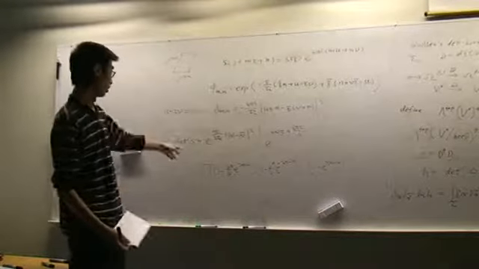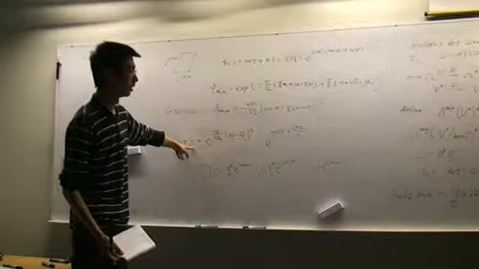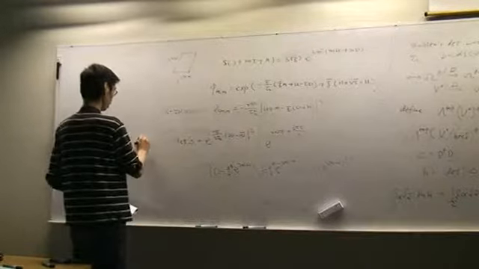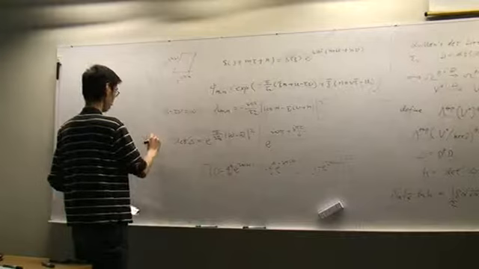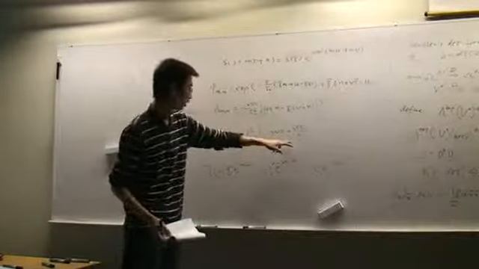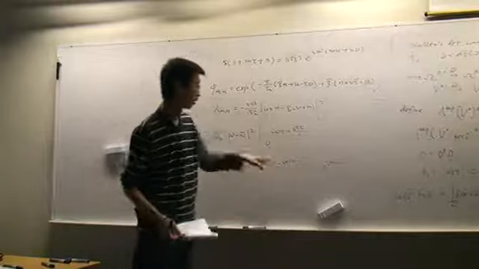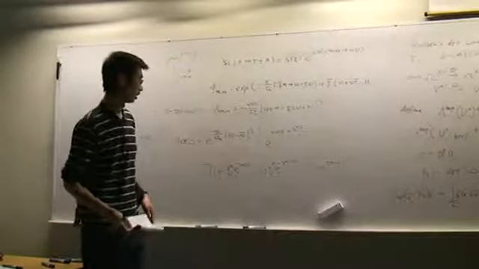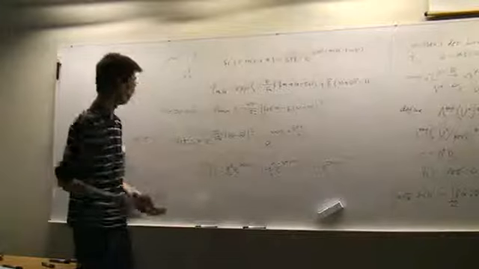Naively I would expect this guy to be written as something of this type, but we see that it fails because this part is really the norm squared of a holomorphic function, but this guy cannot be written as a norm squared of a holomorphic function.